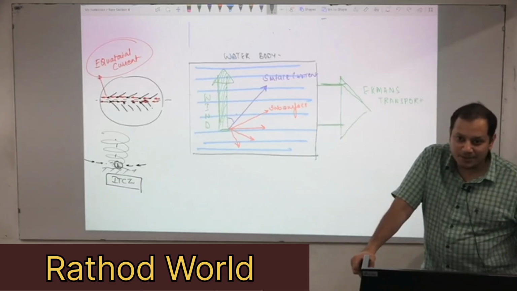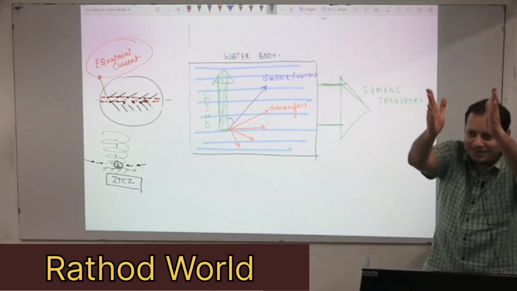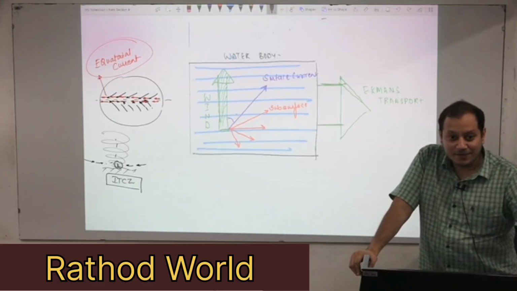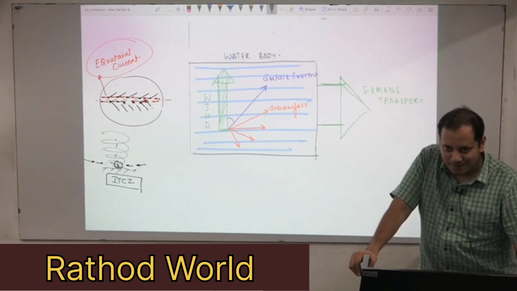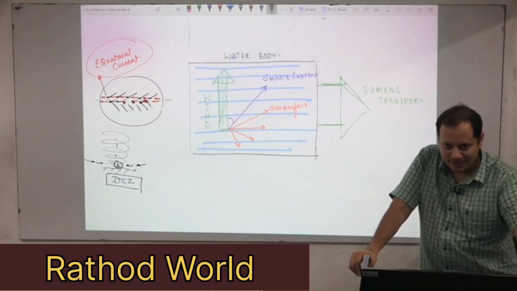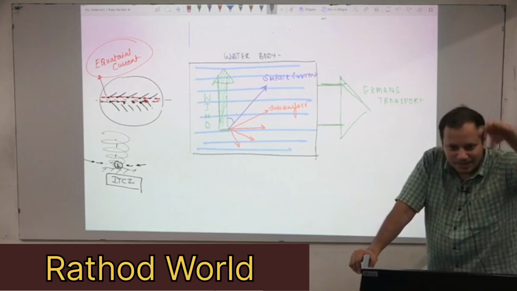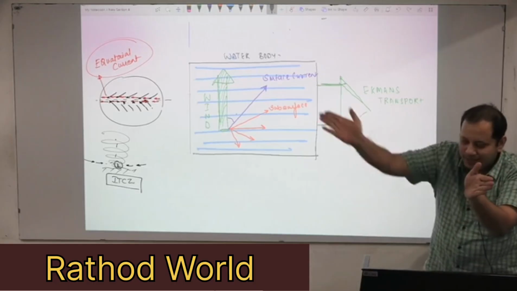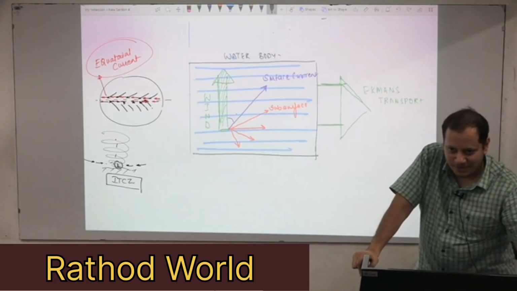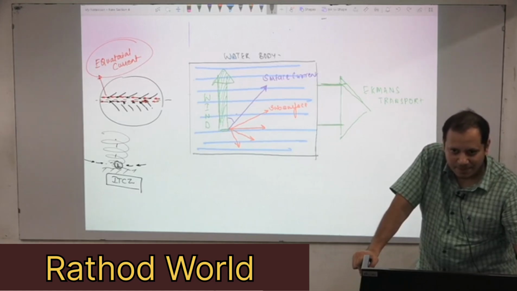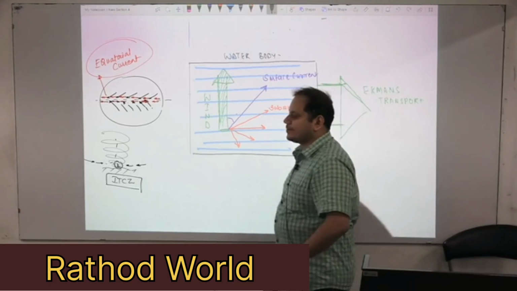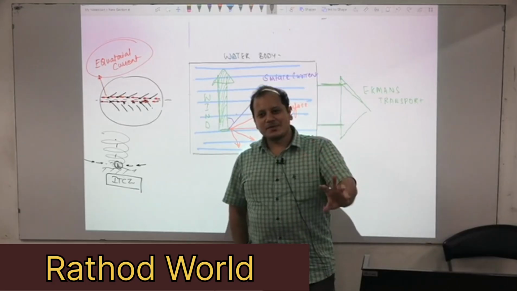Ekman's transport gives rise to the equatorial current. At the equator the wind is going like this. Why are the north and south equatorial currents generated? It is due to the Ekman transport, perpendicular to the wind direction. The wind is not flowing that way; the wind is going like this, and the currents are going this way. Have you done this? Understood? Those who have studied climate in GS, understood? Equatorial currents are generated.